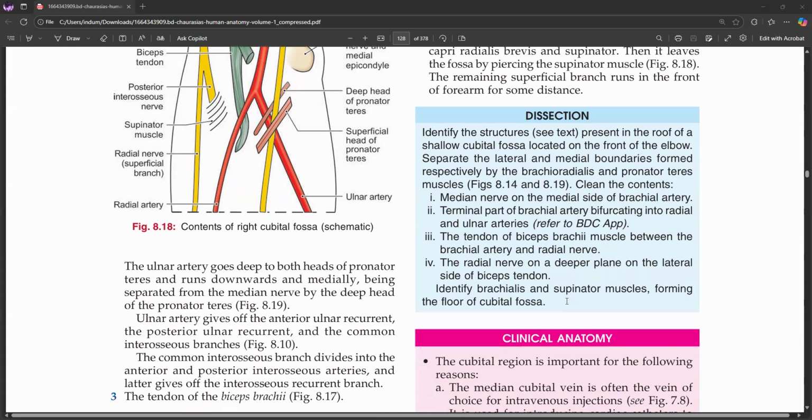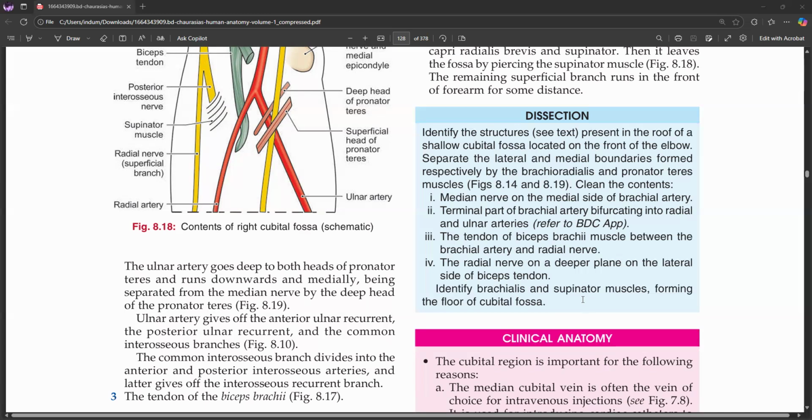Dissection. Identify the structures, see text, present in the roof of a shallow cubital fossa located on the front of the elbow. Separate the lateral and medial boundaries formed respectively by the brachioradialis and pronator teres muscles, figures 8.14 and 8.19. Clean the contents.